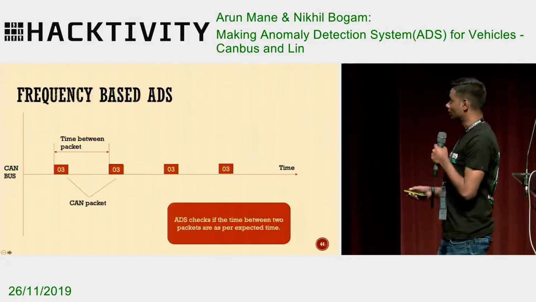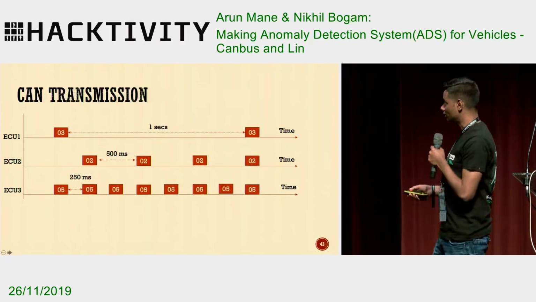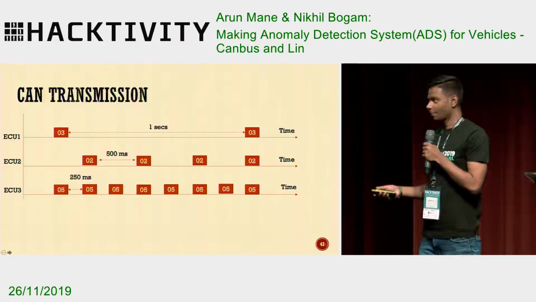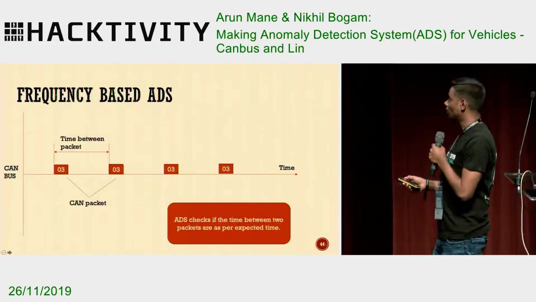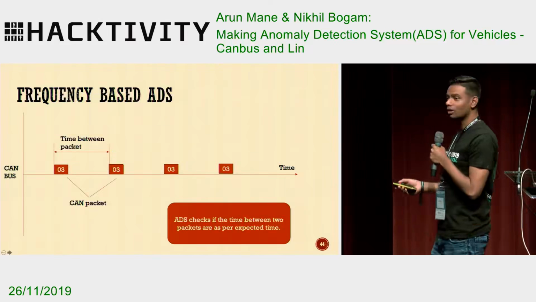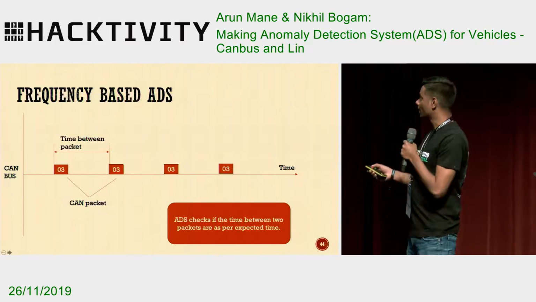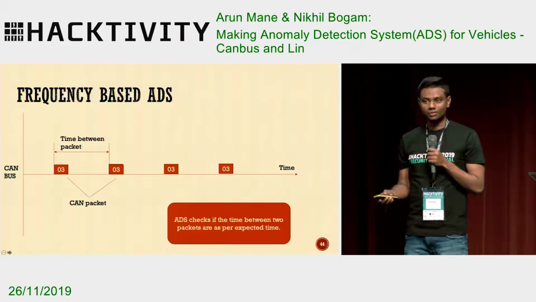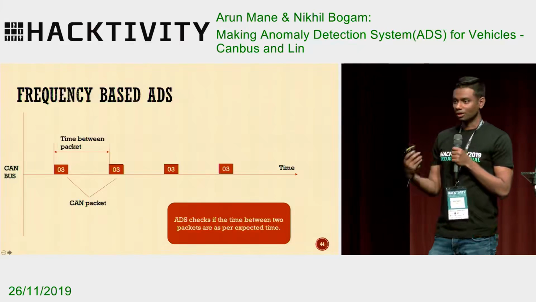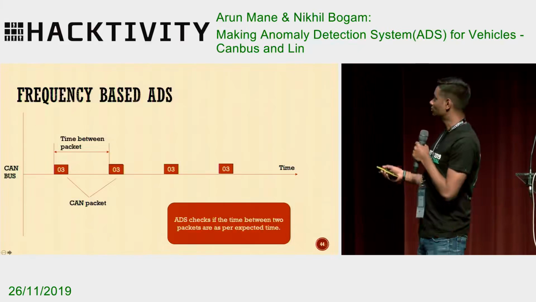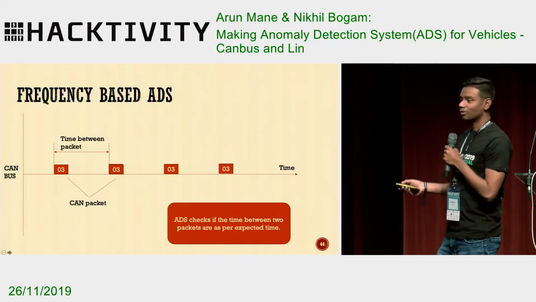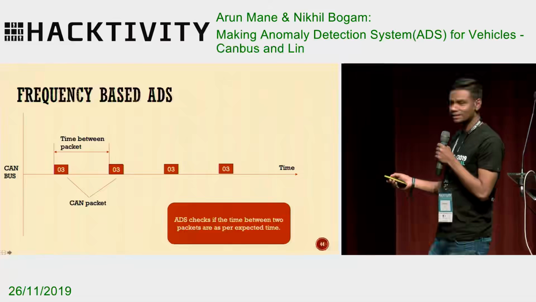So how can we detect if an intrusion occurs? One way is to check how frequently these packets are going on the bus. As I stated earlier, many ECUs are sending this information frequently. So one possible way is to check how frequently these messages are coming.